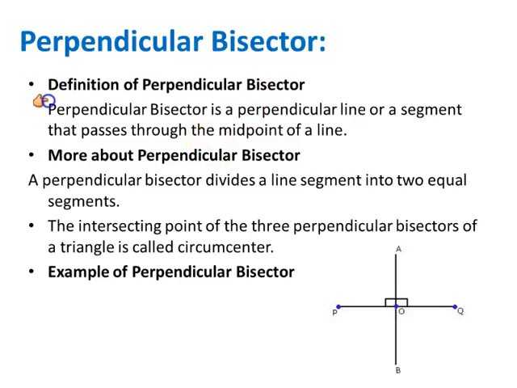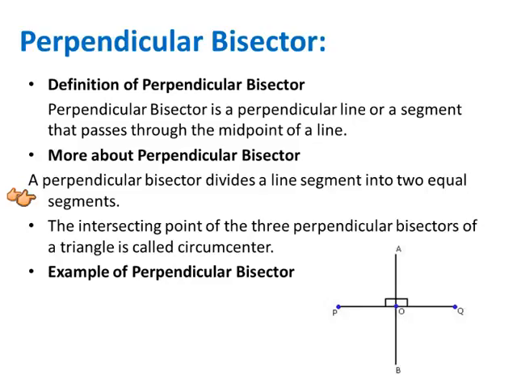And it's exactly what you think it is. It's a perpendicular line or segment that passes through the midpoint of a line. It's got to cut the segment it passes through into two equal parts, and it does so at a 90-degree angle. So here's a nice diagram where line AB would be a perpendicular bisector of segment PQ, because it intersects it at a right angle and cuts it into two equal parts.